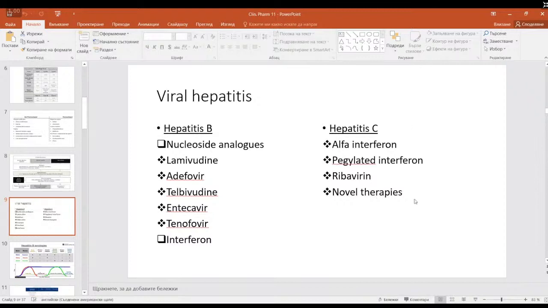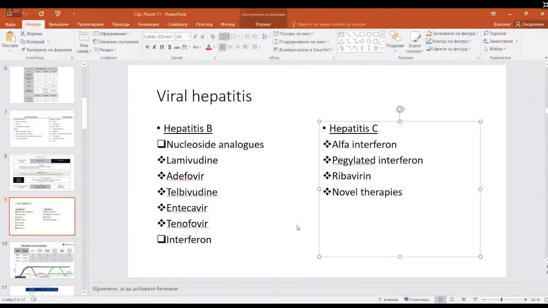But during the last couple of years, literally, like this happened around 2015, 2016, so 5, 6 years ago, almost in every country there is access to novel therapies, and we're going to see what are these novel therapies in a little bit.